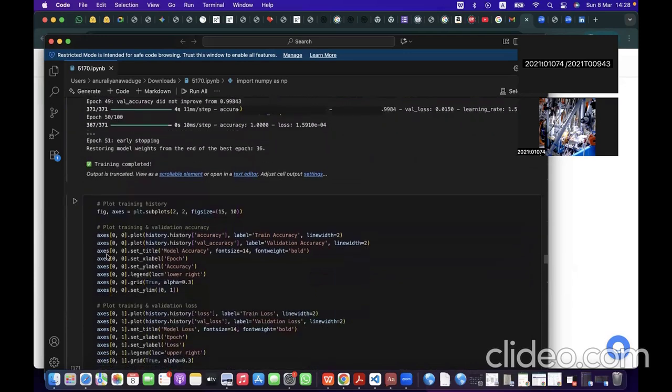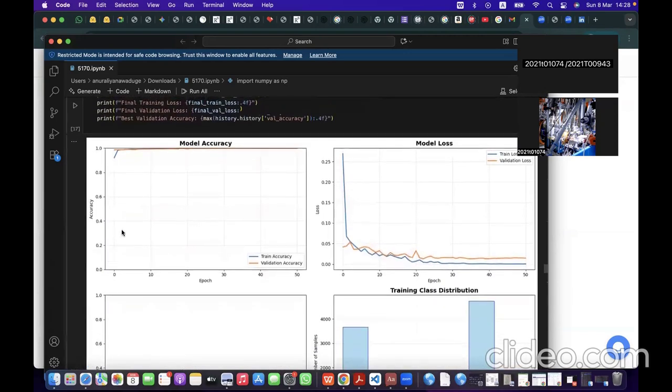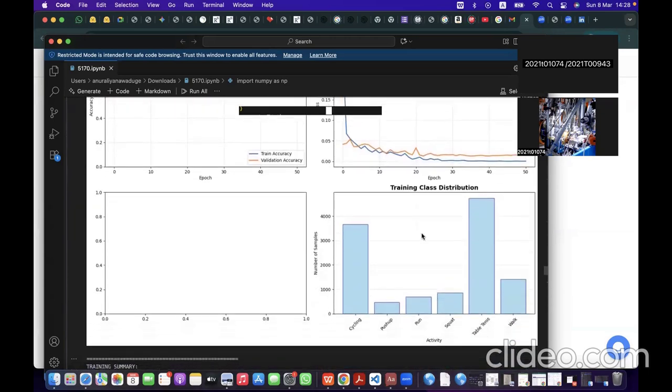So training is completed. If we consider the training history plot, you can see that the model accuracy is nearly linear, and the model loss is decreasing substantially. And also the class distribution: cycling, push-up, run, squat, table tennis, ball.